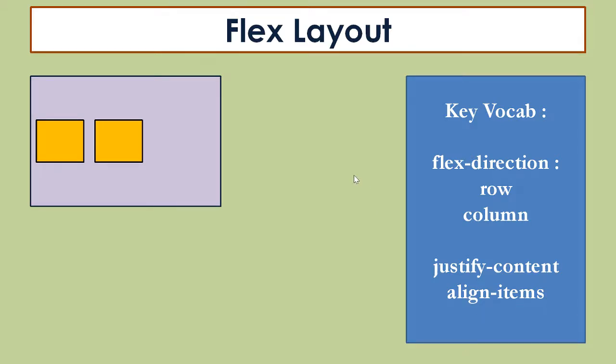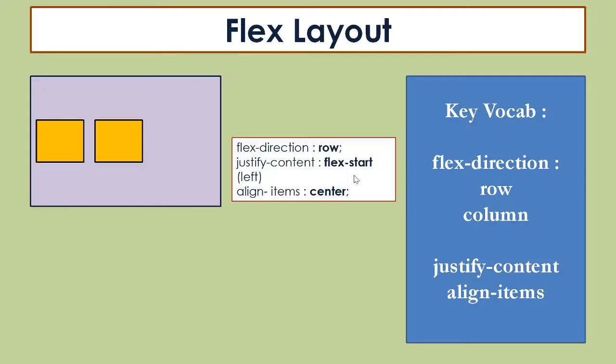Okay, so hopefully you've paused the video. Let's have a look. Because we're going left to right, we call it a row. It's not column, it's a row. Now, hopefully you've guessed, though you may not know this, that there are two ways to center it. There's the horizontal line here.